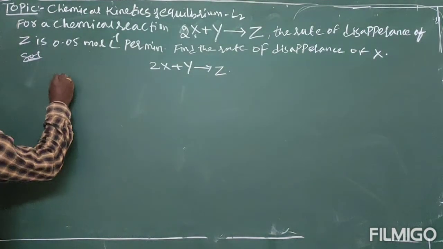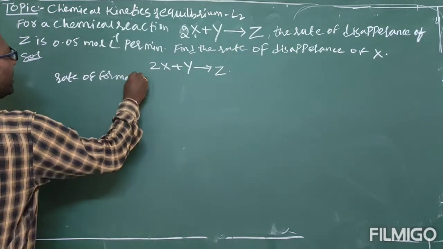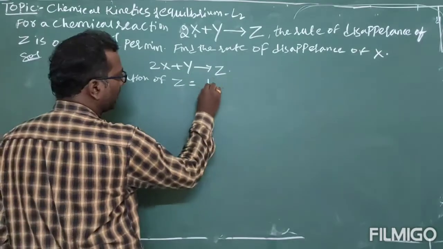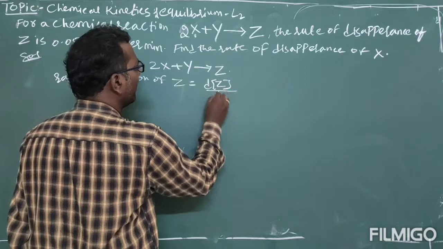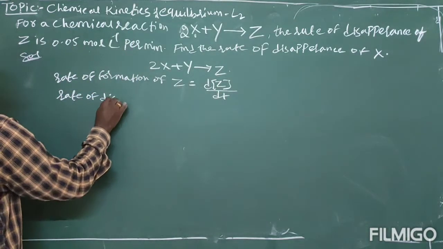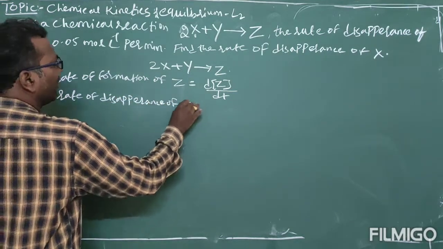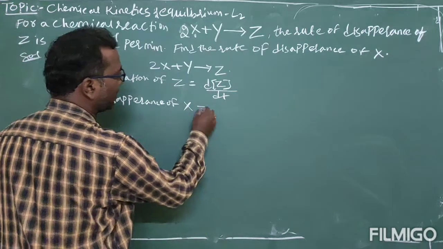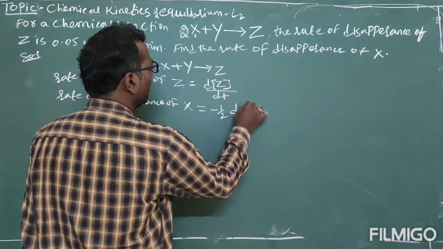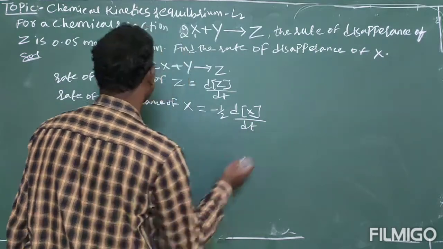Now the second step is what? Rate of formation of z is equal to dz by dt. Next, rate of disappearance of x is equal to minus half of dx by dt.